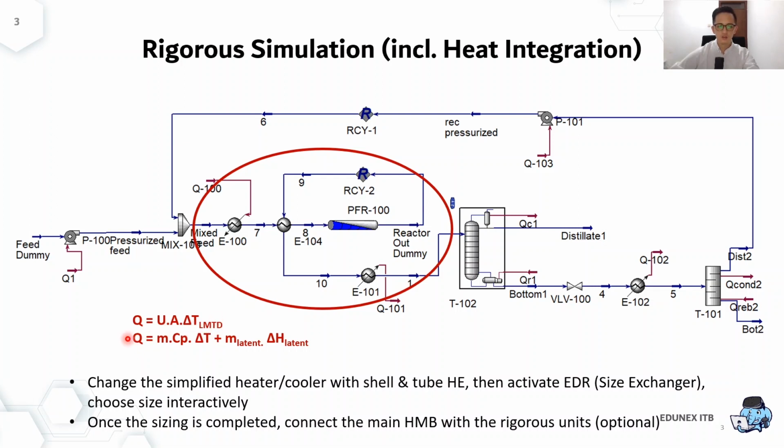Okay, and then the heat that is required at each side of the heat exchanger will be the sum of the sensible heat and the latent heat, or the phase change.